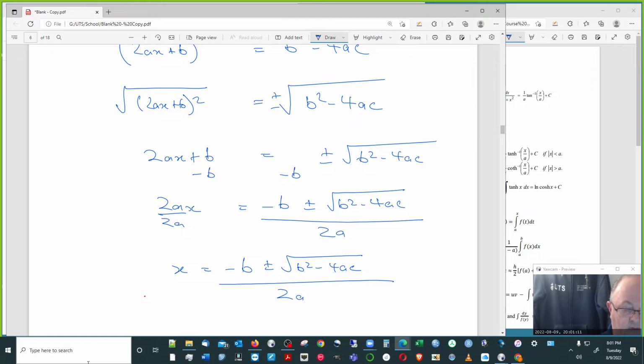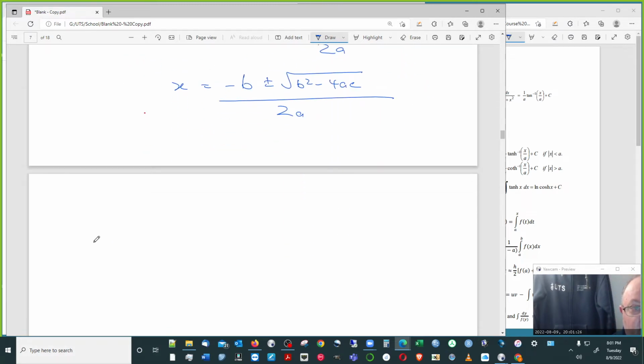Now if the solutions exist, we can use this formula to find them, but that same question remains. If we complete the square and we notice that it's above the x-axis, it won't have any solutions. So what can we do? I'll very quickly do this because we need to get on with the other thing. We look at b squared minus 4ac underneath the radical, and we call that delta.